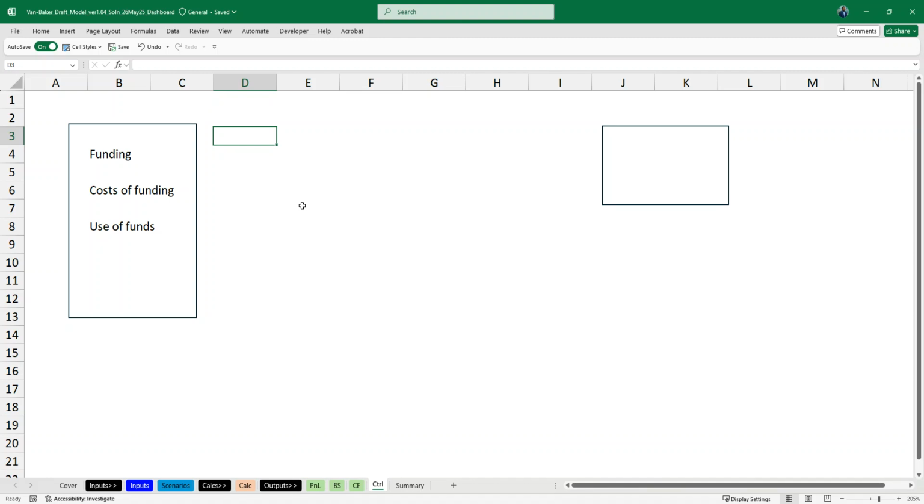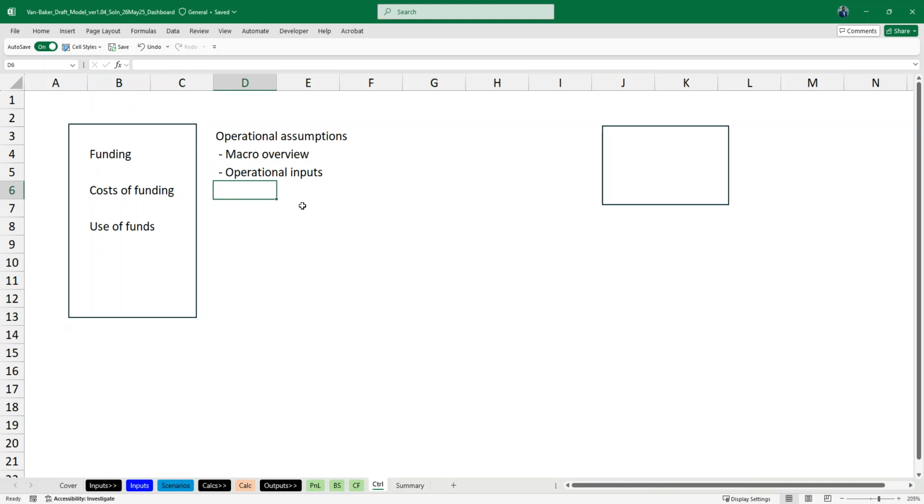So here, let's assume we are going to have our operational assumptions. Under operational assumptions, we are going to have a macro overview, and then we can have our main operational input.